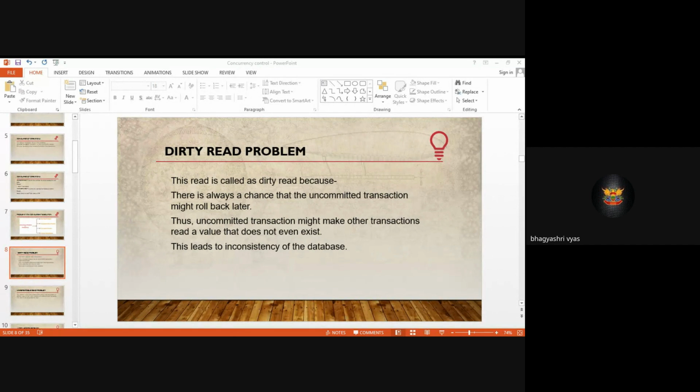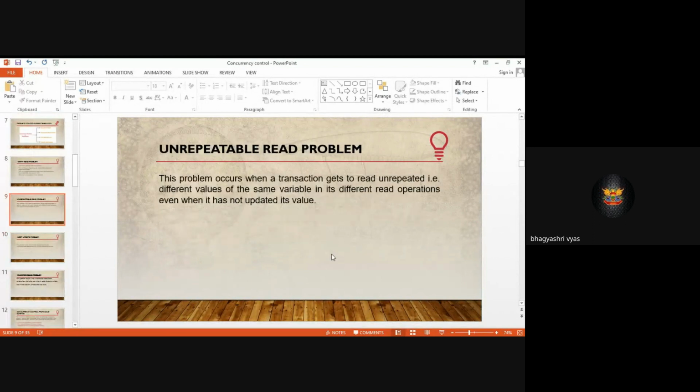So basically, we can say that in SQL, the dirty read problem means the update query has not happened at the backend level. Okay, then only the dirty read problem will arise. Now the next is the unrepeatable read problem.